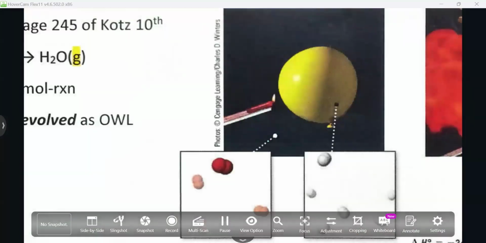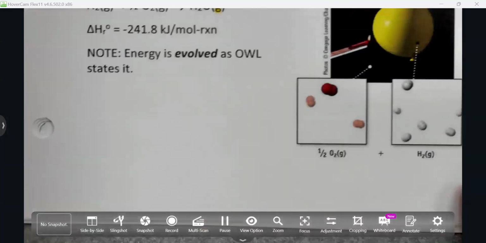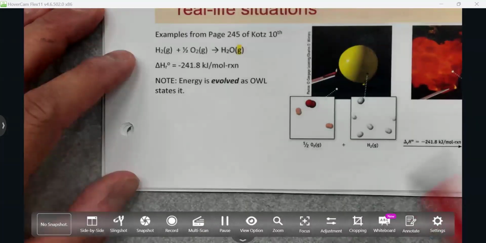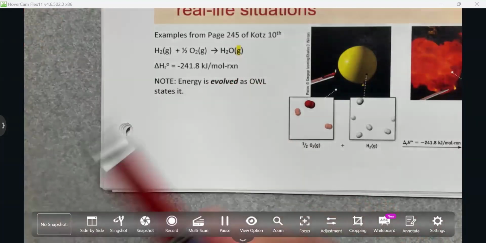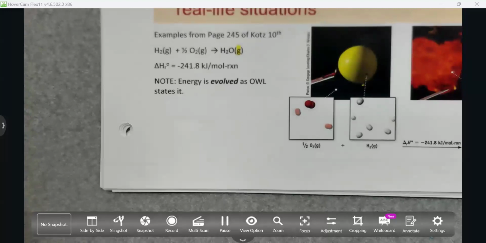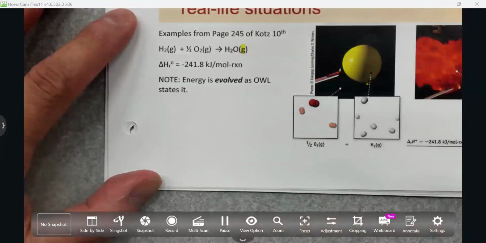Okay. So you're going to see now some heats of reaction. And here is an example. I'm not sure how I ended up with this one down here, but I did. This is page 245.